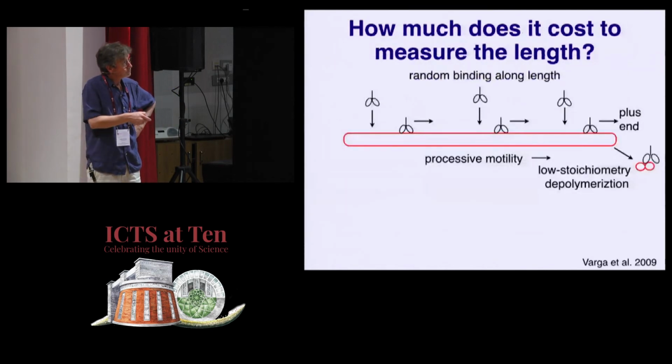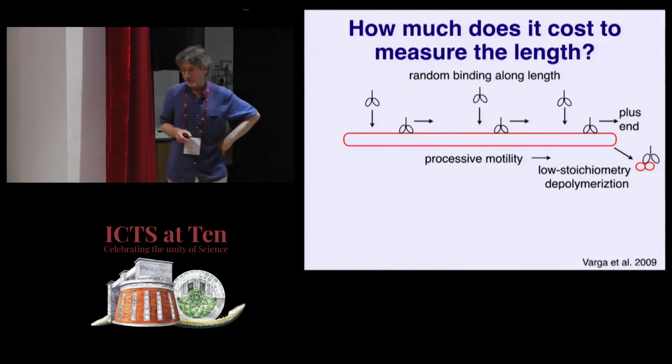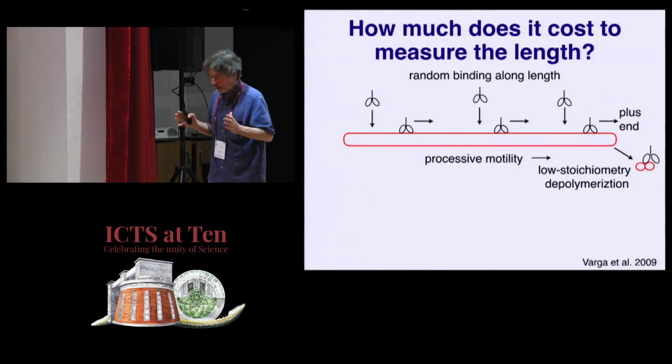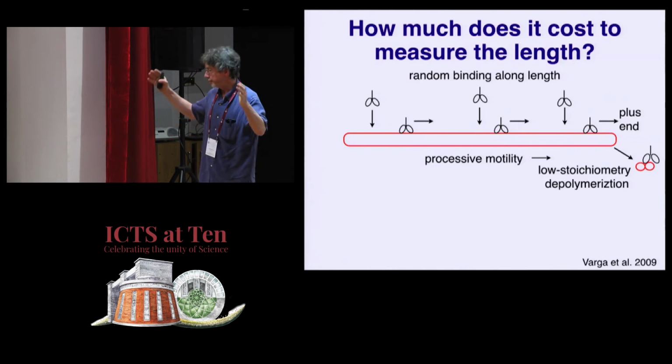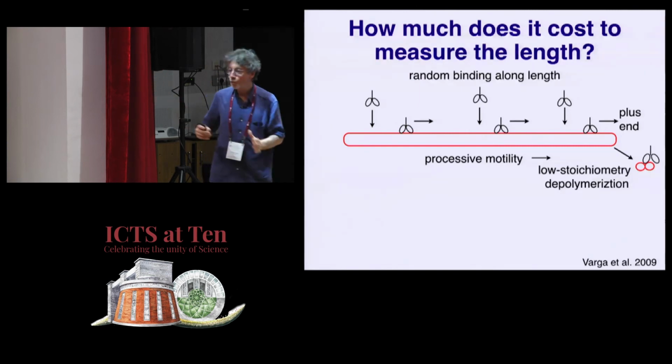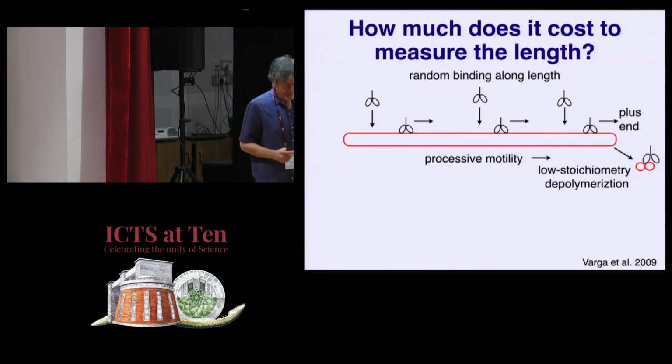Okay. Now, it's very interesting to think about the energetics of this mechanism. What's really happening here is that in order for this little motor to measure the length of something big, it's pacing out the length of the microtubule, and it's using the energy from ATP hydrolysis to act as a ruler for the length of the microtubule.